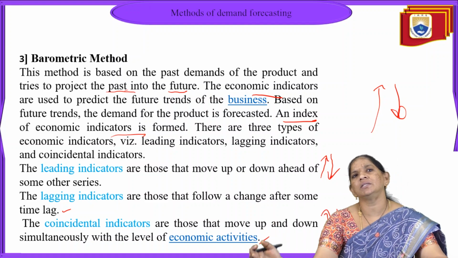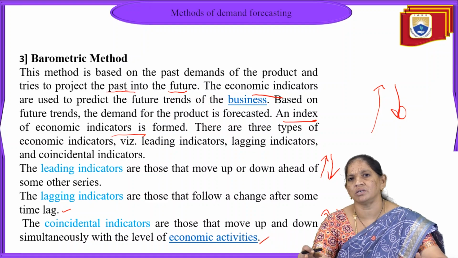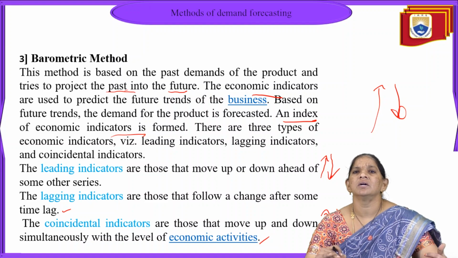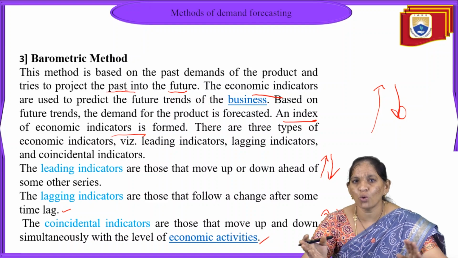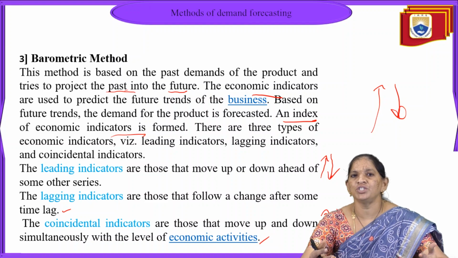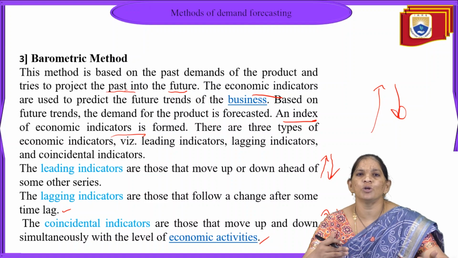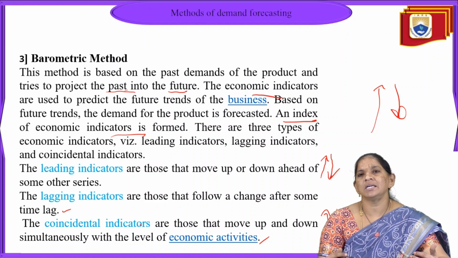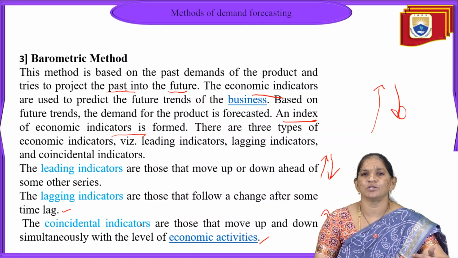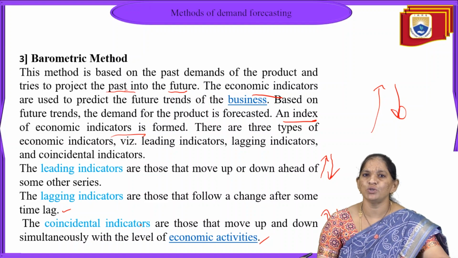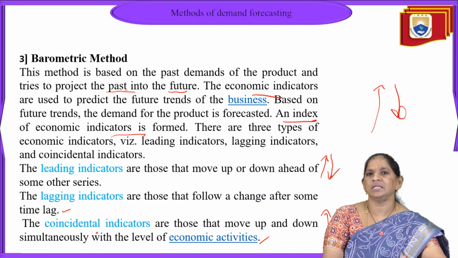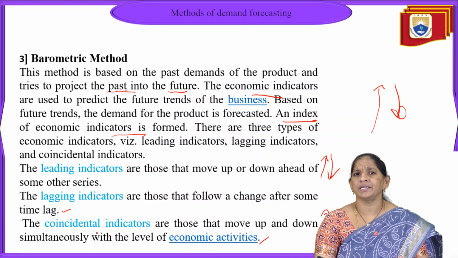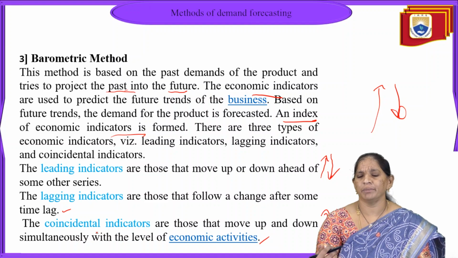For example, due to an economic event like the budget, our product gets some incentive from the central government, the price automatically decreases and our sales increase in the market. That is a coincidence. I did not wish for the incentive, but based upon it the sales increased. Sometimes the sales will decrease. This type of economic indicator we call a coincident indicator. These are the three types of indicators we can identify in the barometric method.